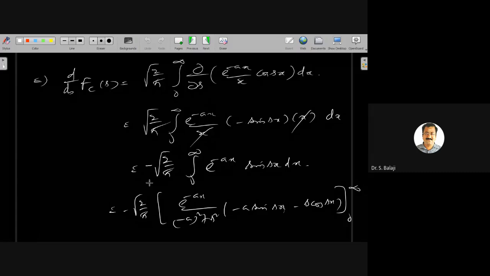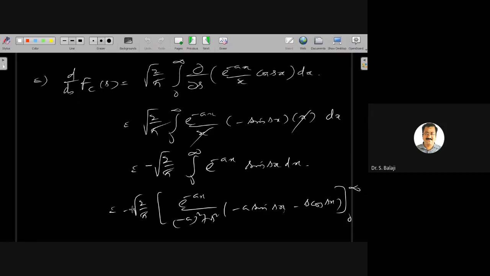With the minus outside: minus root of 2/pi, integral 0 to infinity, e^(-ax) sin sx dx. Now you can evaluate this integral easily. You know the formula: e^(-ax)/(a^2+b^2) times (-a sin bx - b cos bx).